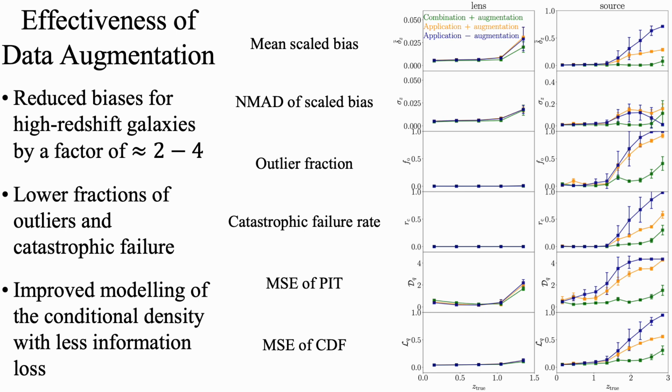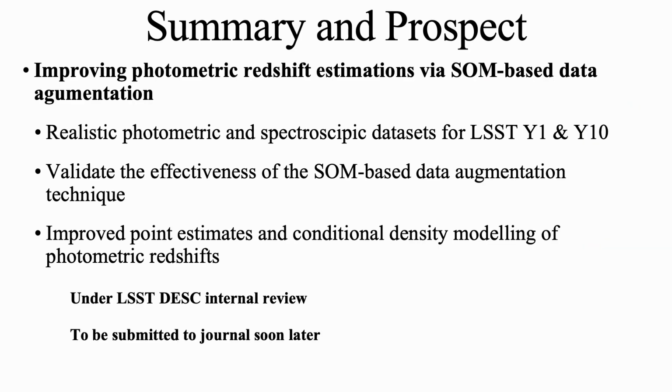From top to bottom, the panels display the mean bias in the point estimates, the standard deviation of the bias, the outlier fraction, the catastrophic failure rates, the deviation of the PIT distribution from uniformity, and the deviation of the CDF from the true redshift distribution. In each case, data augmentation reduces both bias and information loss, thereby demonstrating its efficacy in improving photometric redshift estimates.